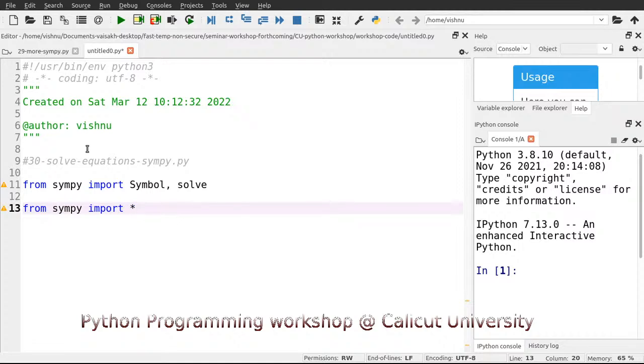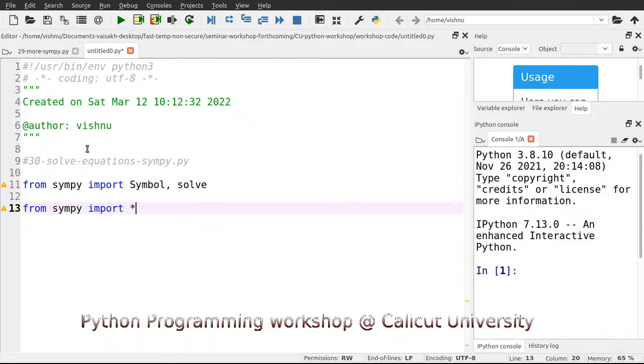There are many. So if you are using the from SymPy import star command, the problem is that we might have defined one particular function in our own program. That function name may be, say, factorial. SymPy also may have a function factorial. Once you are importing using a star command, this is something called wildcard importing.